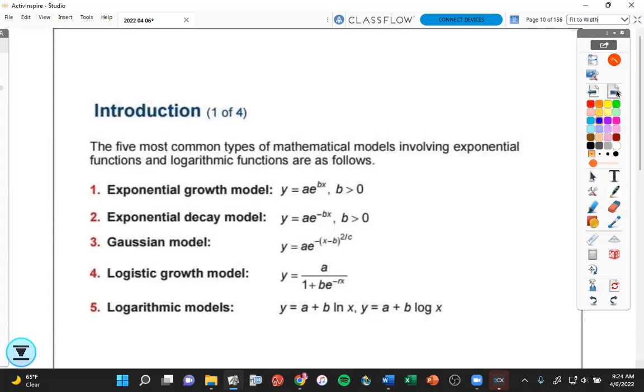The Gaussian model, look at there, you got an exponent and then exponent on the exponent. That's a beautiful thing. Is that 2LC or 2? That's 2 divided by C. Okay. You have your logistic growth model. That's going to be your bell curve.